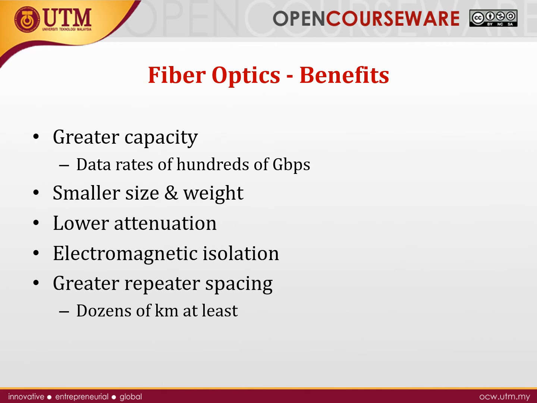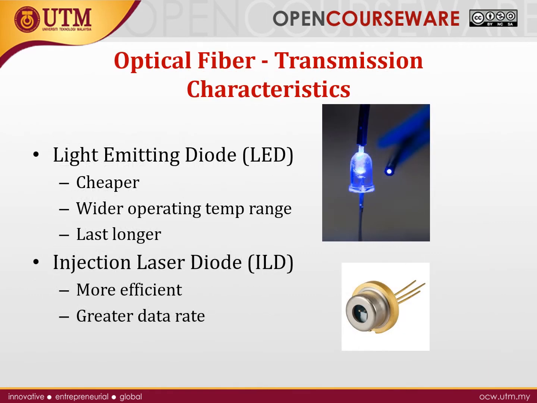It also has greater repeater spacing, dozens of kilometers at least, not like the other types where we needed repeaters every 5 to 10 kilometers. For the transmission characteristics of optical fiber, it's cheaper, has a wider operating temperature range, lasts longer, and the injection laser diode, ILD, is more efficient and gives a greater data rate.